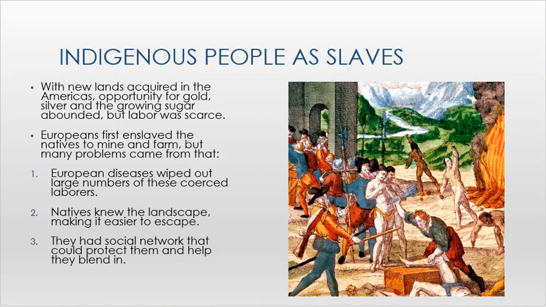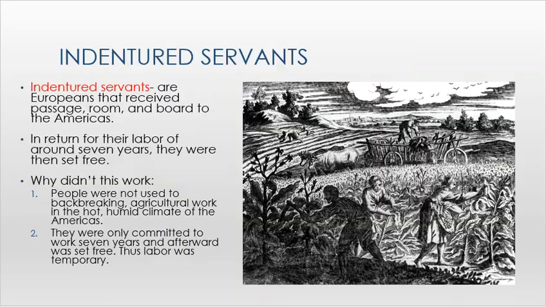So for these three reasons and a few others, it didn't really pan out very well to enslave the natives. Also, the natives' body constitution wasn't as robust, so they weren't really built for backbreaking work. That was another reason it just didn't work out as well.